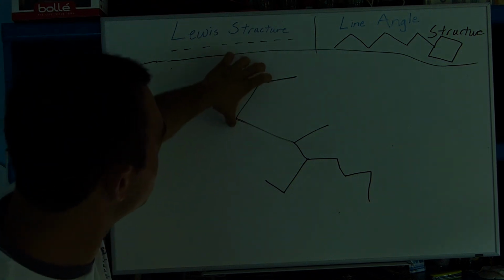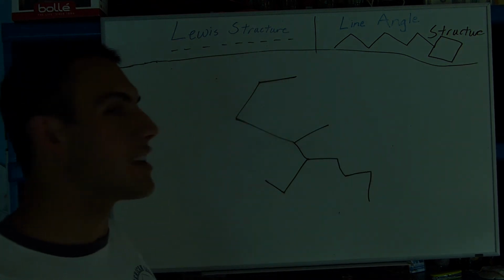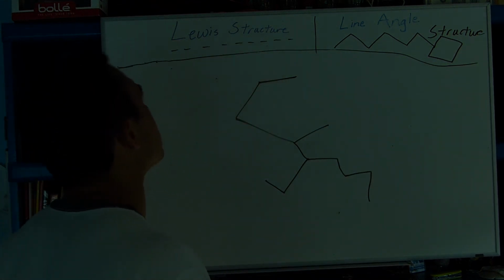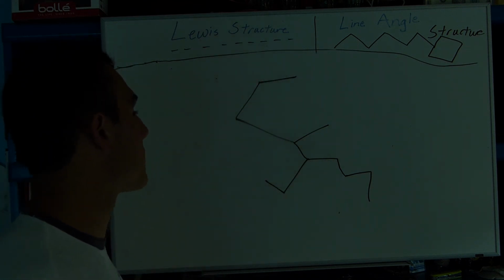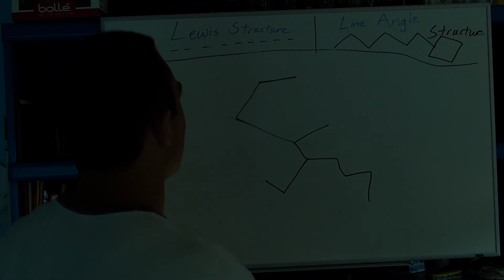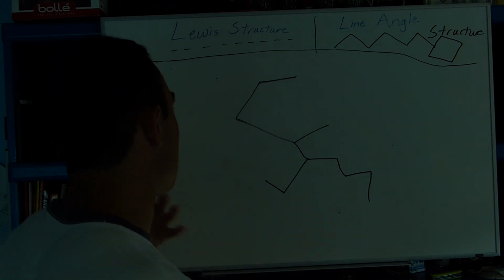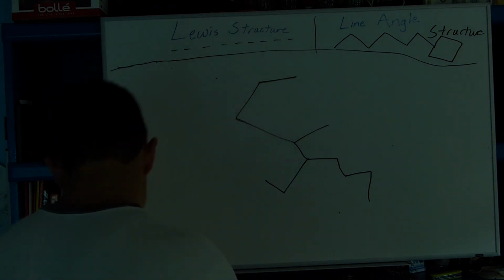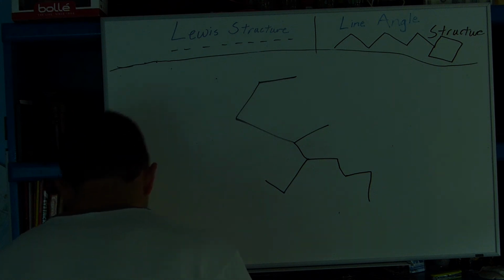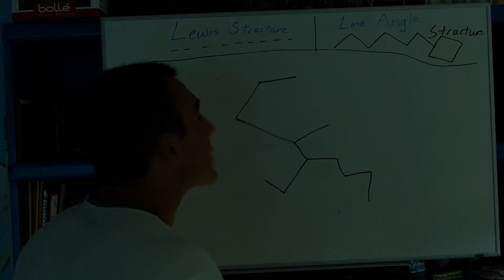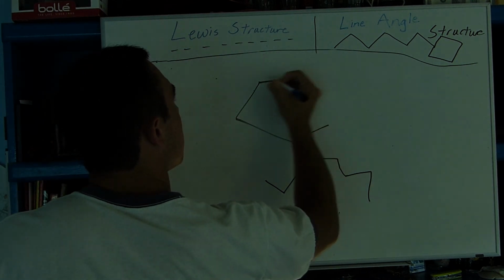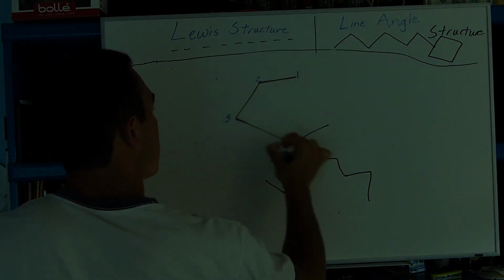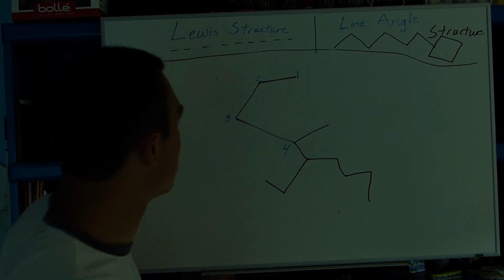Our objective here is to find the longest chain, which is very essential in deciphering this molecule because without the longest carbon chain, you can't even make the backbone of the molecule. So let's use a different color and specify where our longest chain is. Okay, so we have 1, 2, 3, 4.